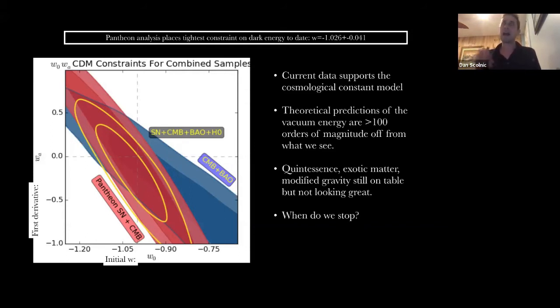So for Pantheon, I don't want to boast too much about blinding, because a lot of the data was used in JLA or my old Pan-STARRS analysis. So I felt like when it's iterative, blinding becomes a little bit less boastworthy.